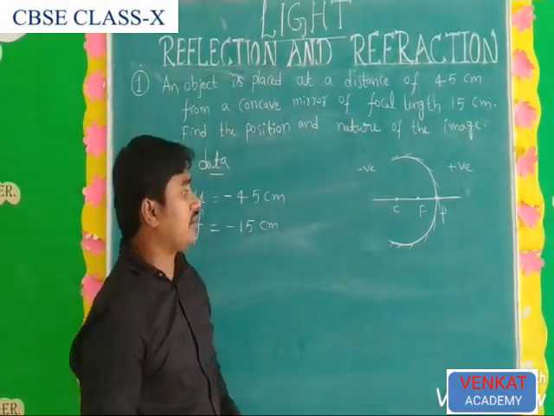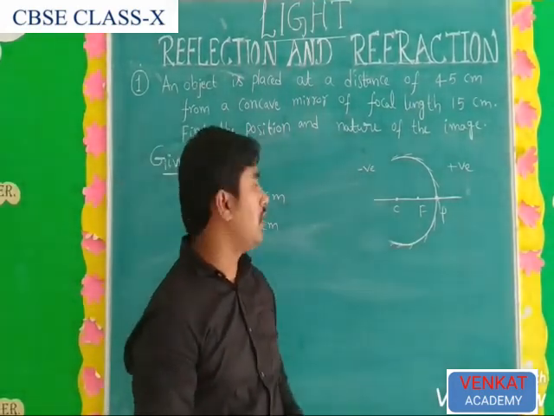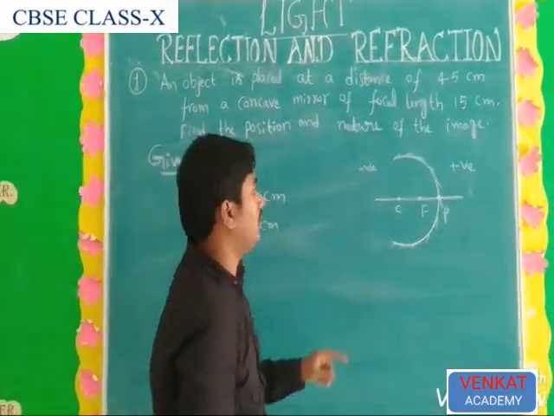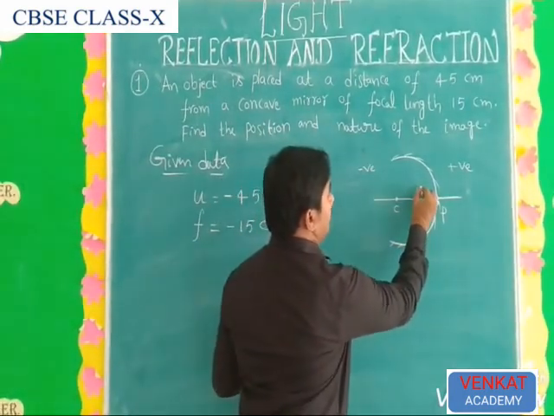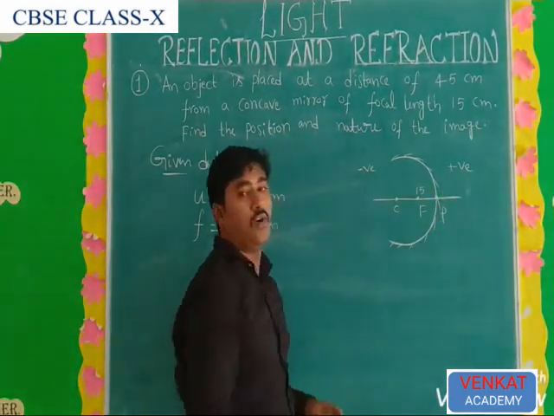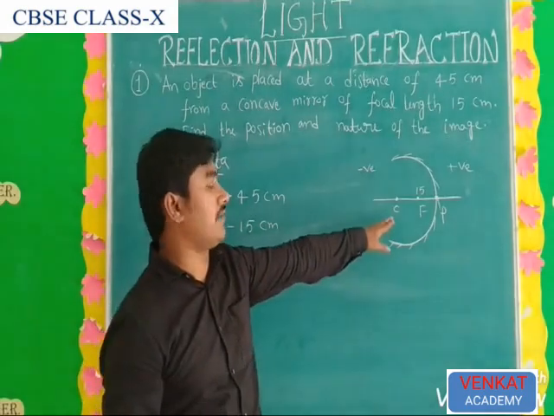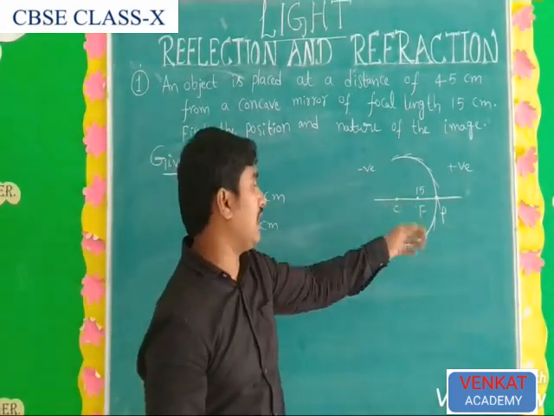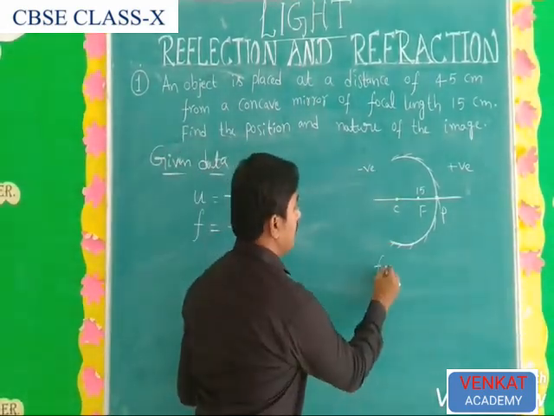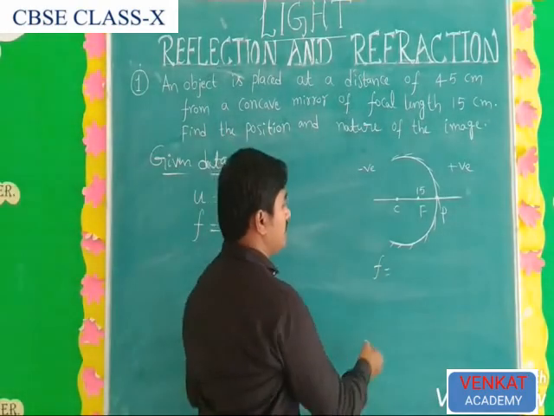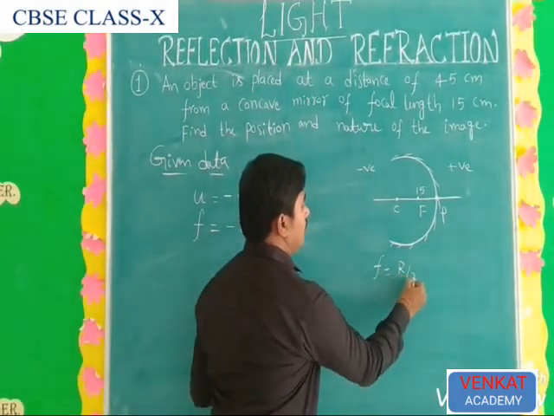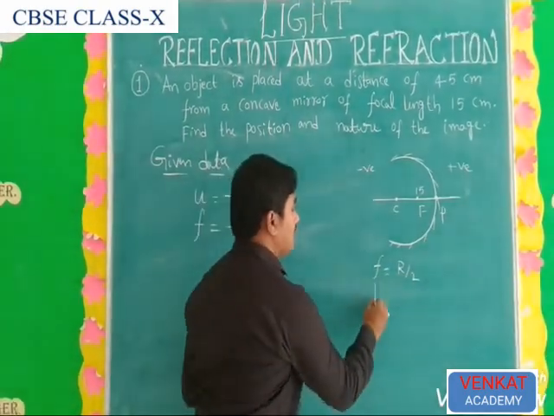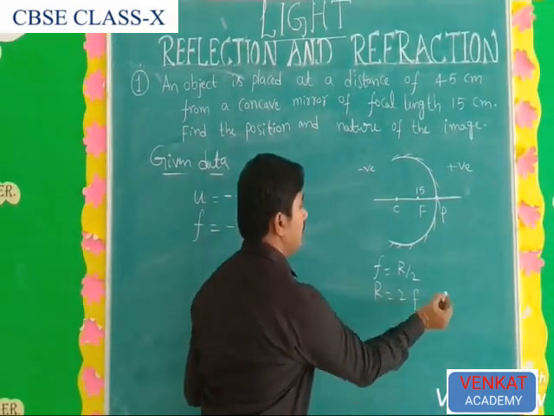Now, just guess what about this case. The focal length here is 15 centimeters, so what about the radius of curvature? As I said last time, focal length is equal to R by 2, so R is equal to 2f.